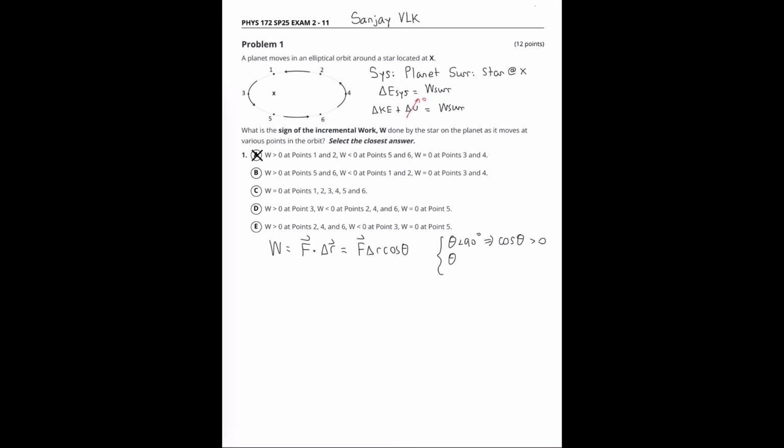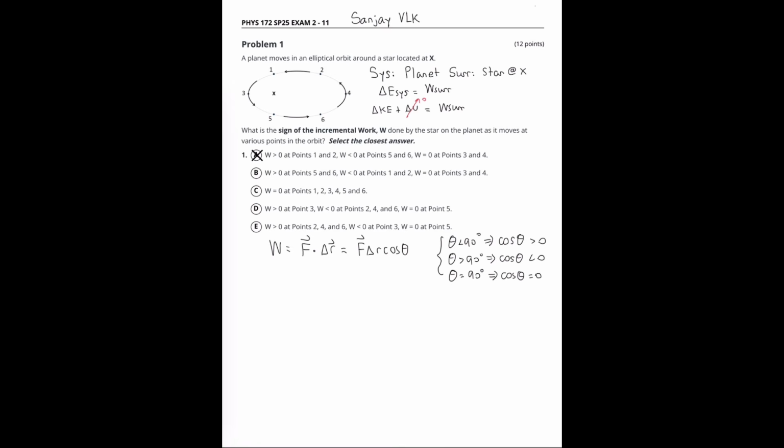When theta is greater than 90 degrees, cosine theta is less than 0. And when theta is equal to 90 degrees, cosine theta is equal to 0. And that will help us indicate our sign of the incremental work W.